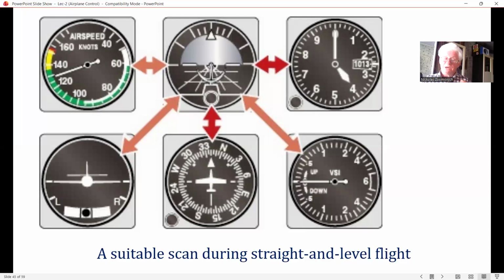Do not neglect the radial scan for more than a few seconds at a time, even though other necessary tasks have to be performed.